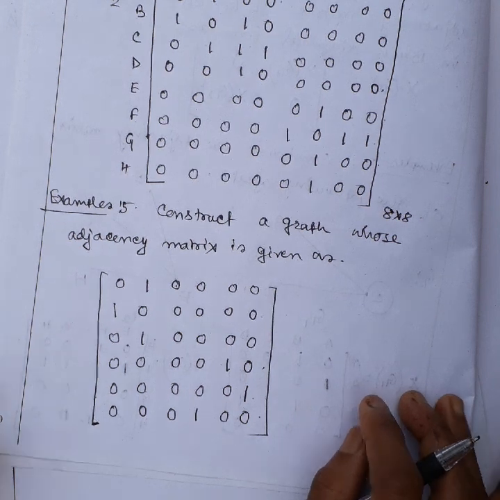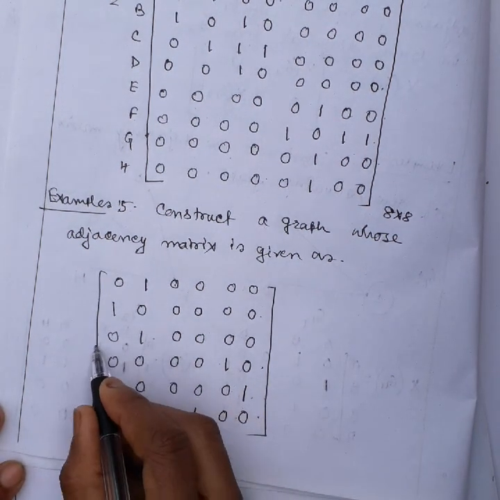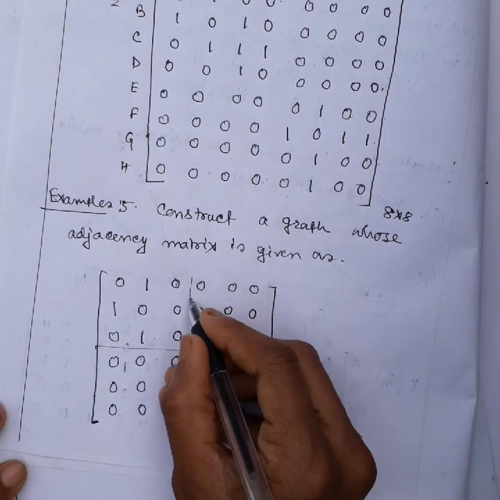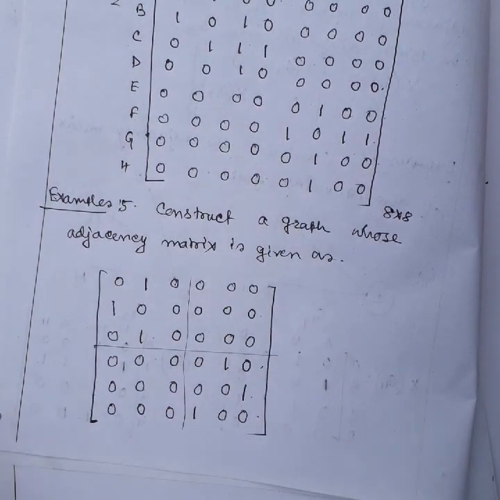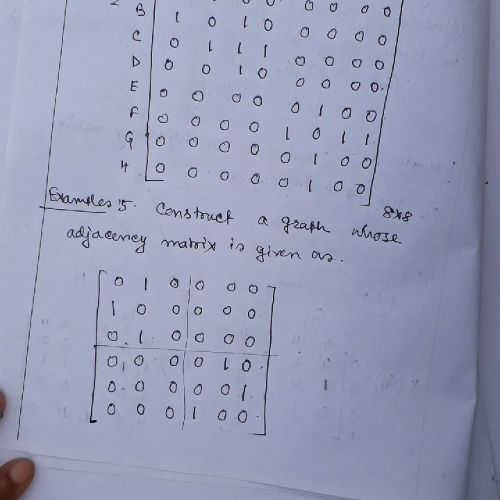It is a block diagonal. See, this is a block diagonal matrix.